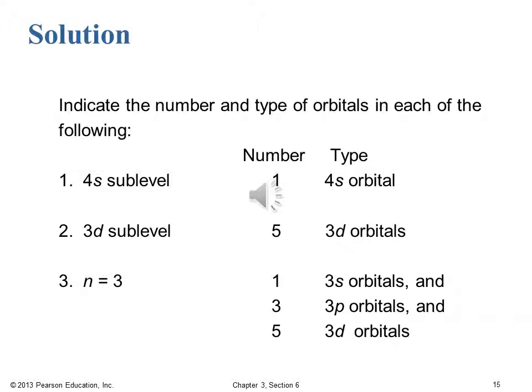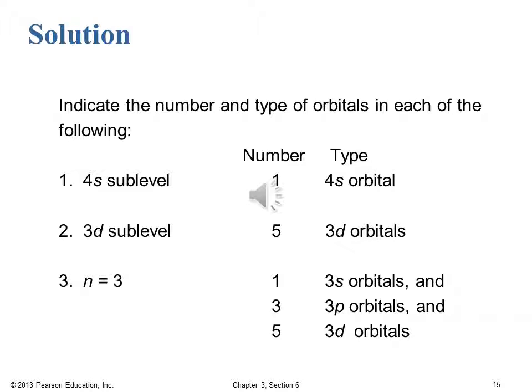There's 3 of the 3p orbitals, 3px, 3py, 3pz, and each can hold 2 electrons. And then just like in number 2 here, there's 5 3d orbitals. So it's a total of 9 orbitals, a total of 18 electrons that can be accommodated in all of n equals 3, but recall those 3d orbitals don't get filled until after the 4s.